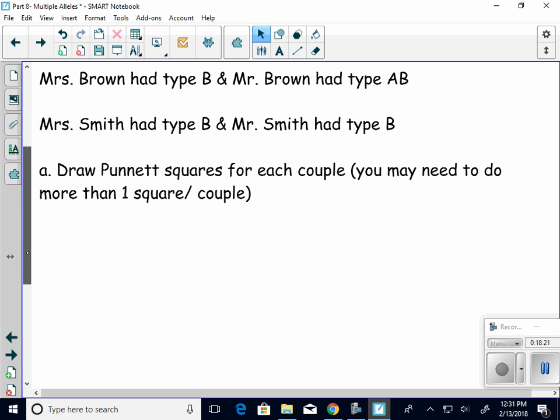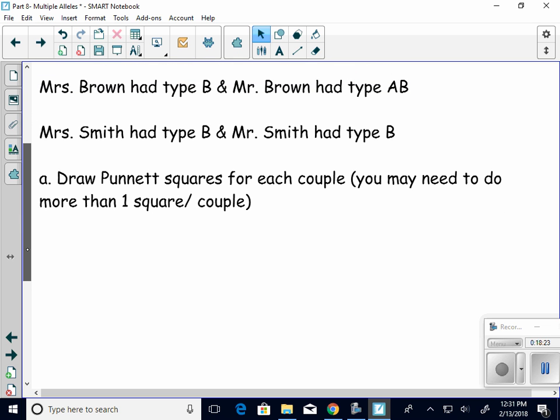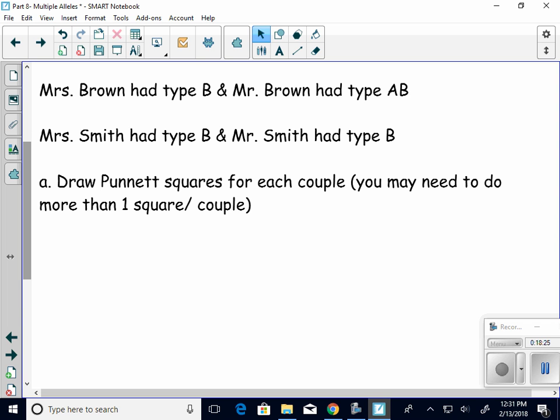You may need to do more than one square. Well, if you truly understand what you're talking about, you should already know who the parents are, right? Give me a thumb up if you think you know who the parents are.